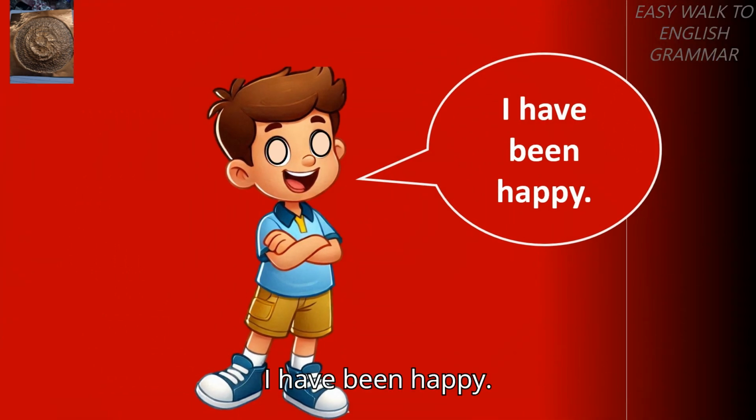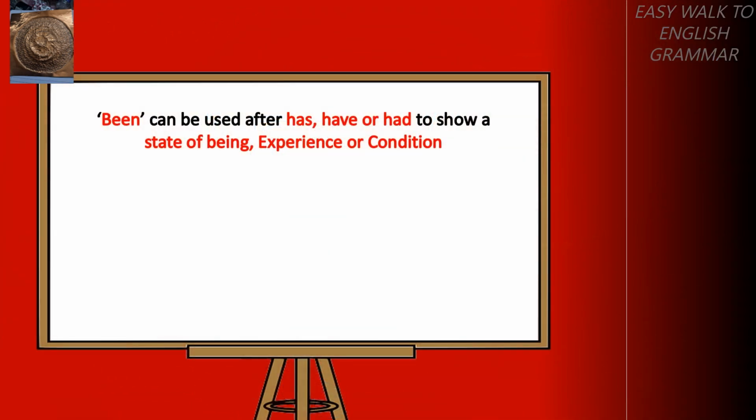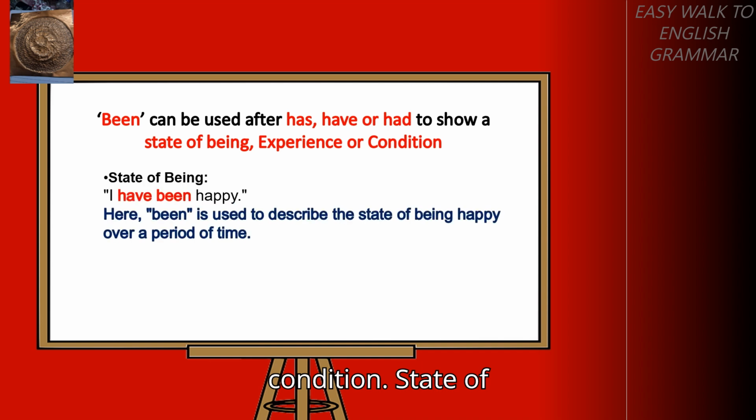I have been happy. Been can be used after has, have, or had to show a state of being, experience, or condition. State of being. I have been happy.